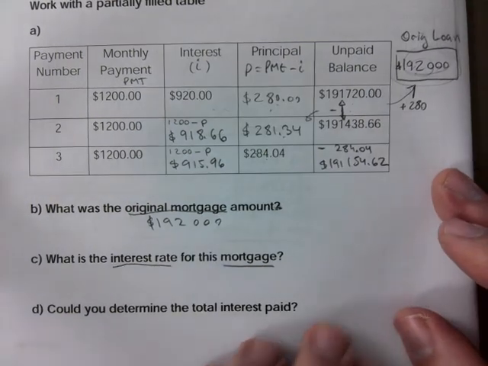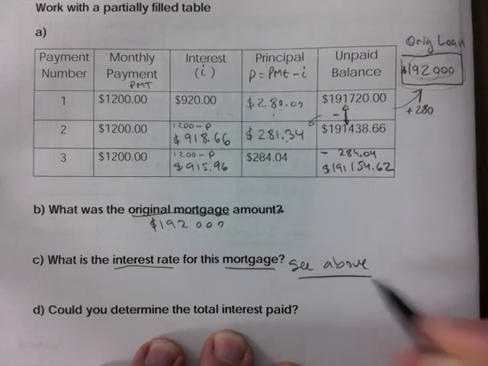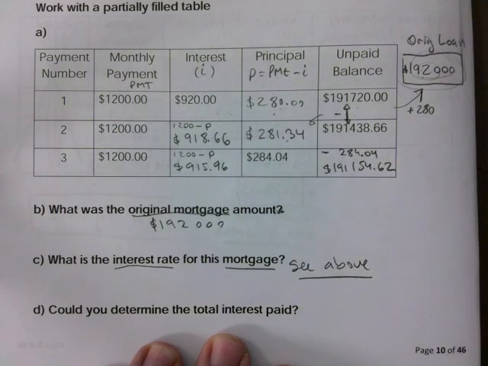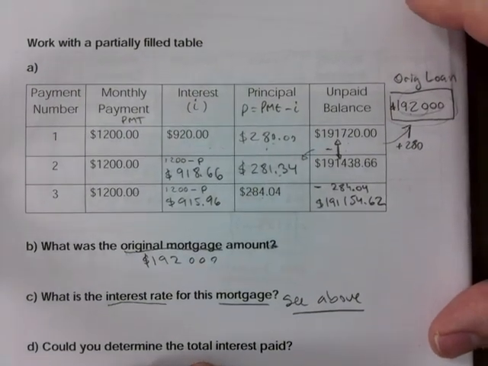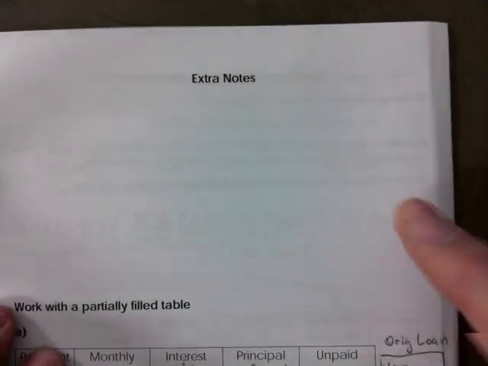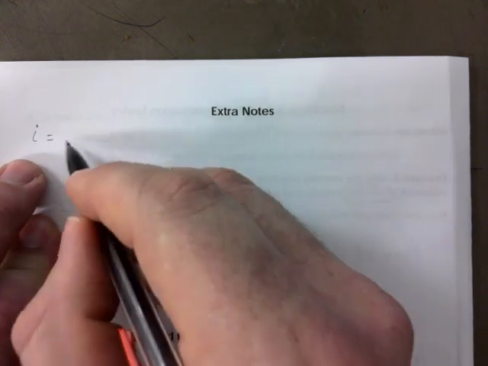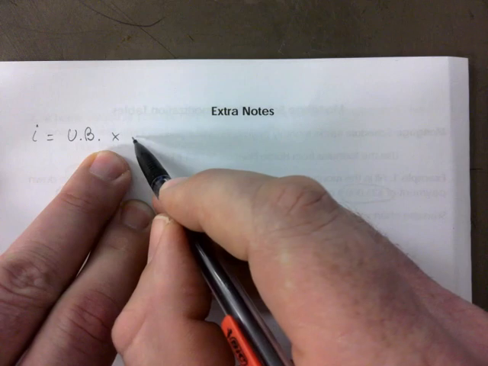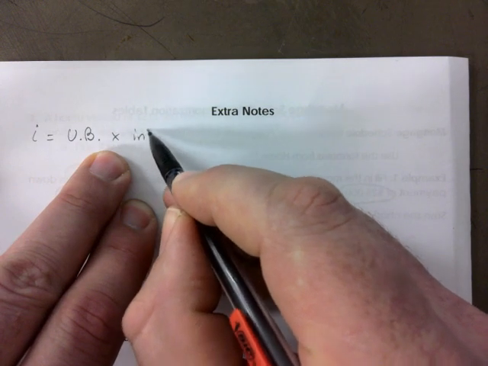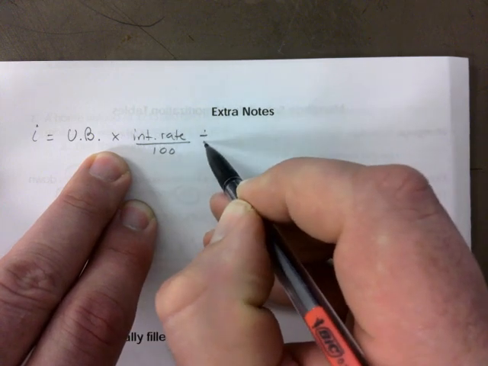That's the curious part. So I'm going to go above, because I'm not going to have enough room for this. We're going to use up that space above. So watch this. I'm going to go up here and just remember that to get the interest, we go unpaid balance times the interest rate divided by 100, all of that divided by 12.